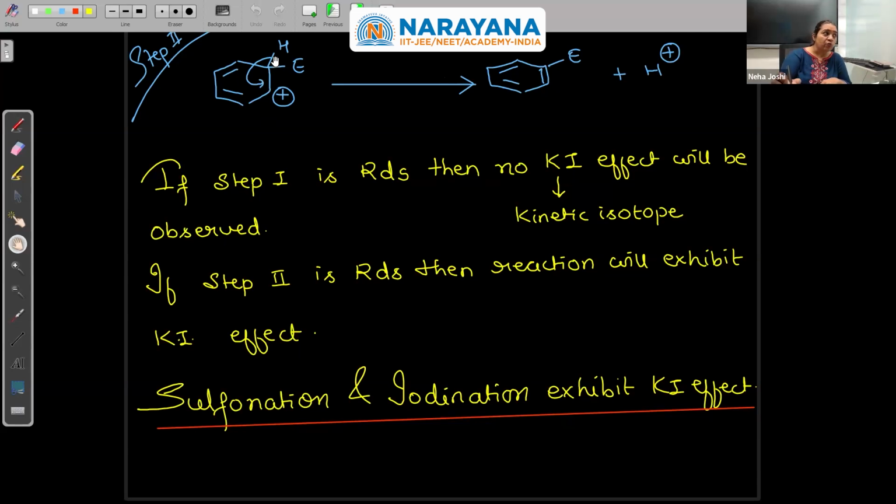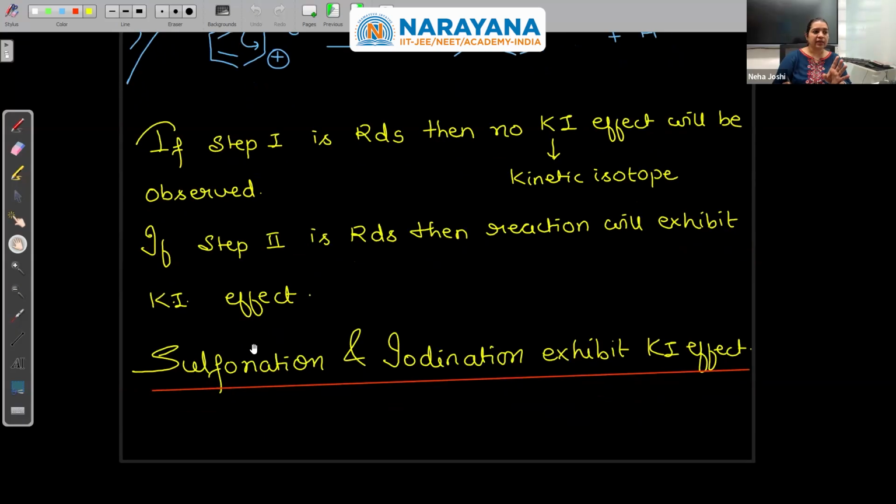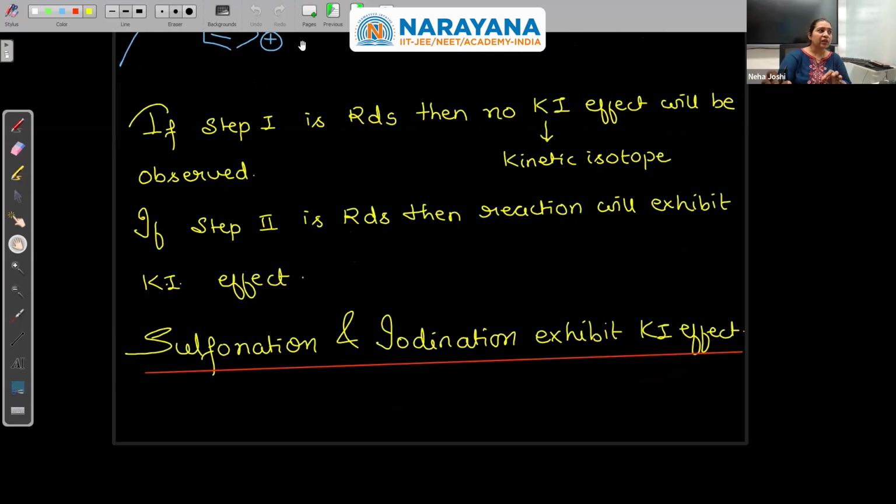If step 2, where there is a direct involvement of carbon hydrogen bond, if I change it to deuterium, definitely rate will be impacted. And so if step 2 is RDS, then reaction will exhibit KIE. Is that absolutely okay? Only if the second step is RDS, then it will show the kinetic isotope effect.